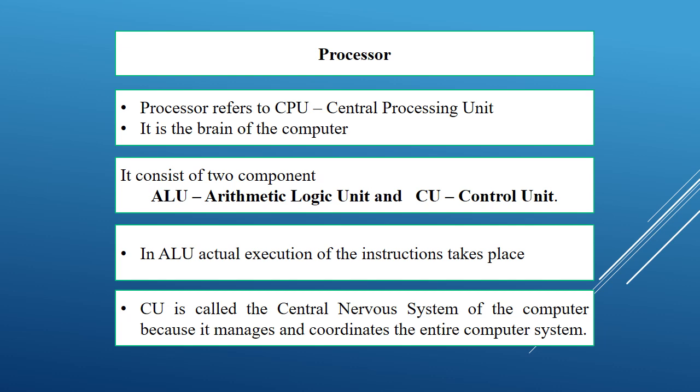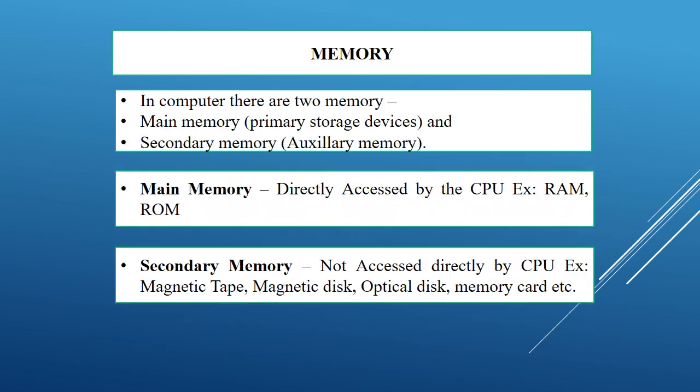The CU, the control unit, just manages and coordinates the entire computer system. The CU will not do any operation. The CPU is called the brain of the computer, and the control unit is called the central nervous system of the computer.